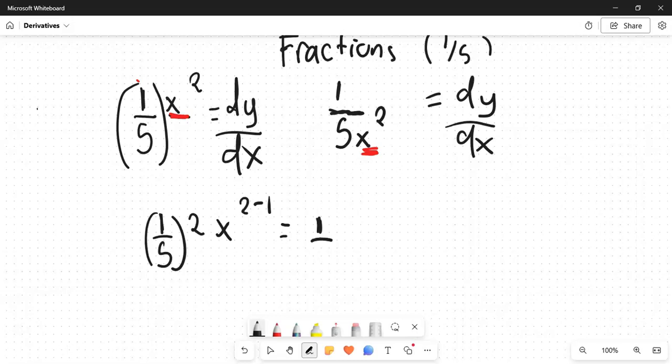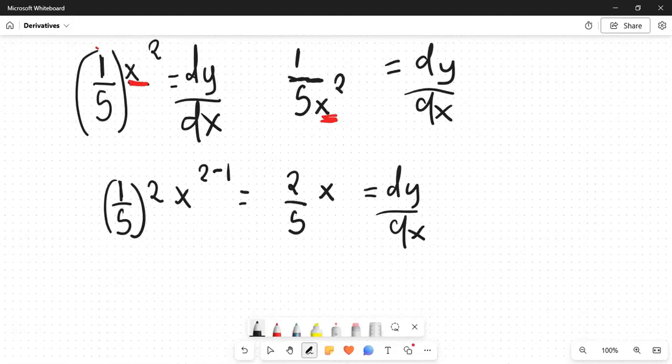So our answer here is 2 over 5x, which is our derivative in this question.